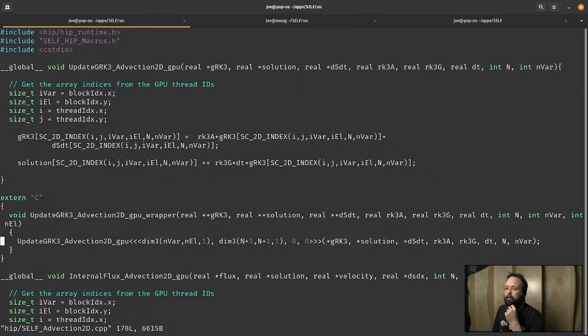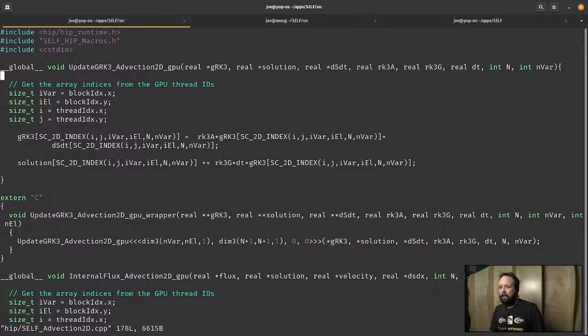So what we essentially need to do inside of here is provide two routines. One is the actual kernel, and you can see this here. It's designated by this global attribute out front. That's the one that uses the HIP syntax to schedule work on a boatload of GPU threads.